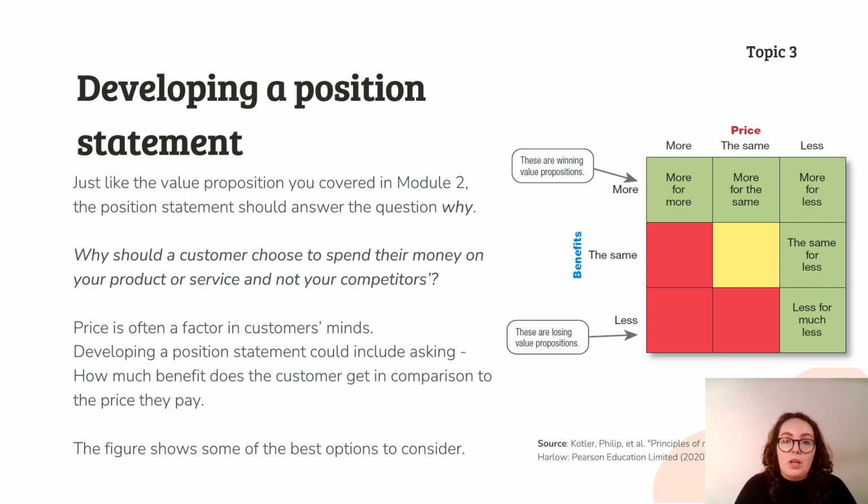For example, look at the position statement examples that are presented on the slide, where we are comparing price and the benefit customers get from our proposition compared to others. Our offer could be priced higher, lower, it could provide more benefits to the customer, and so on. You can see several position statements in green here, which are the winning statements.